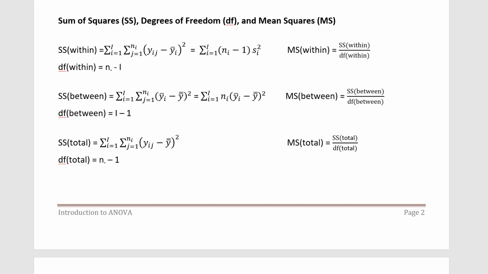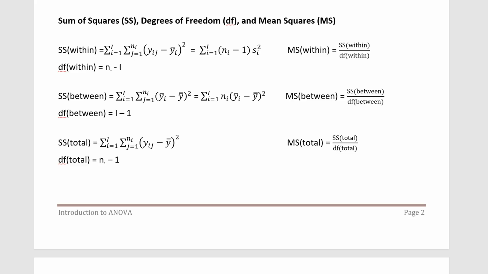So here we're looking at the individual observations and their distance from the sample mean of the group that they belong in. So this is our sum of squares within. We take those deviations, square them, and add them up just like we've done before.